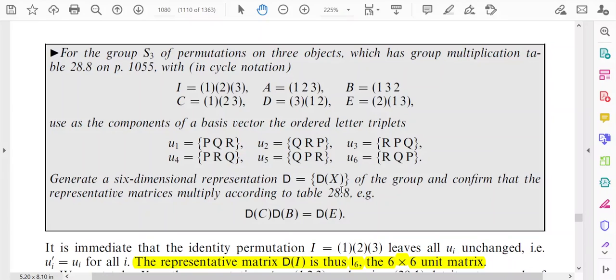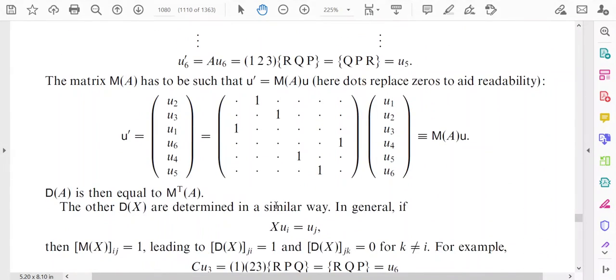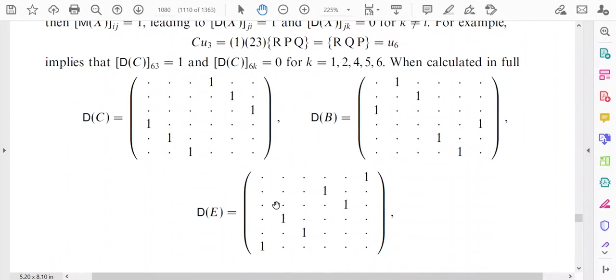In that example, there were a total of 6 group elements. So the order of the group was 6, and these are the representative matrices.